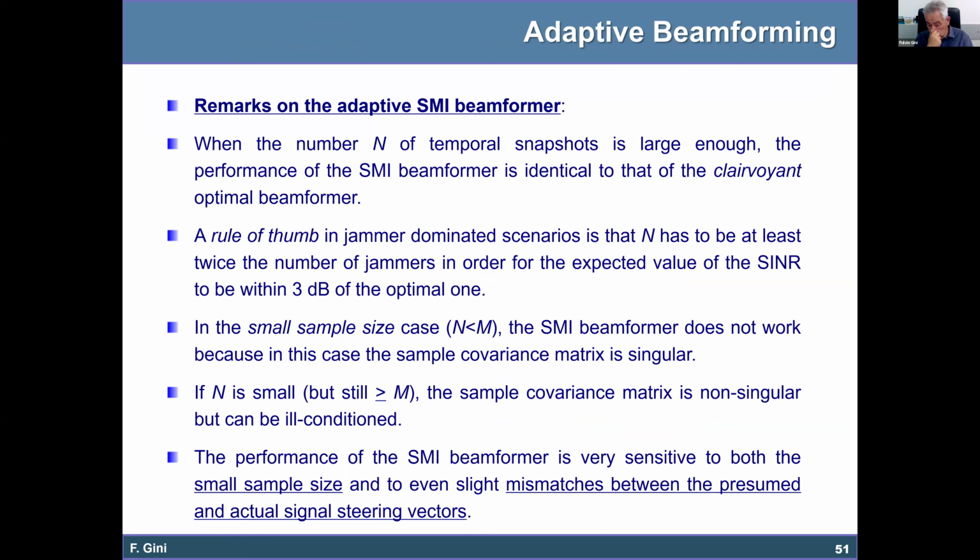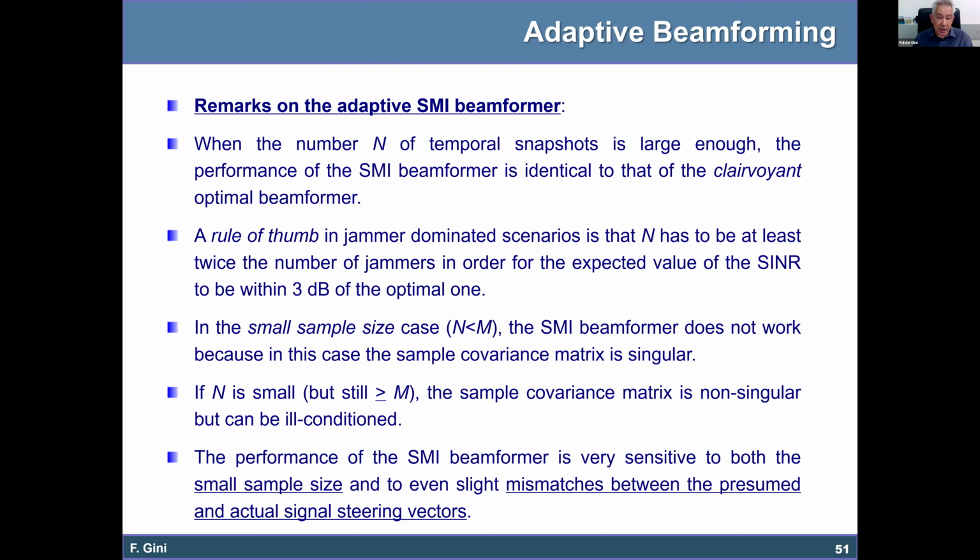So we can make a number of remarks about our adaptive beamformer. Here they are reported for the sample matrix inversion beamformer, but what is reported here is true also for the Capon beamformer.